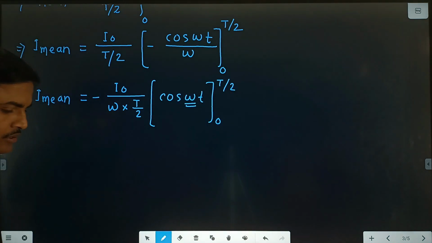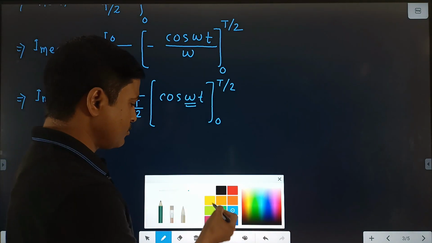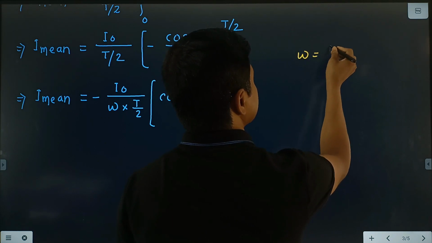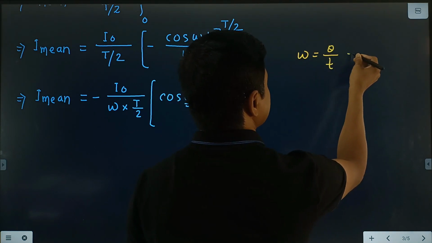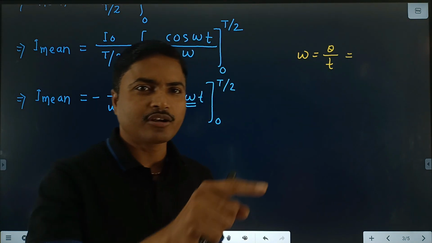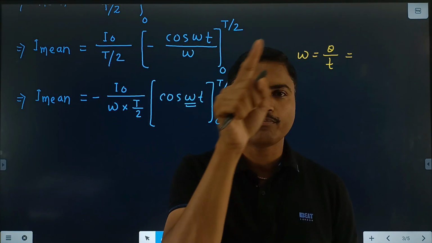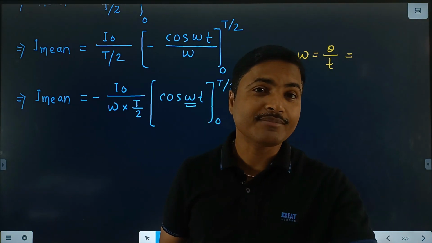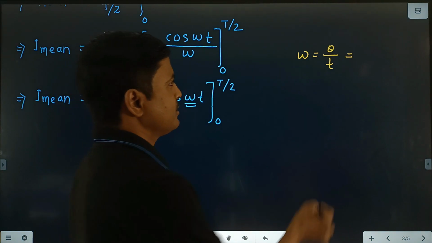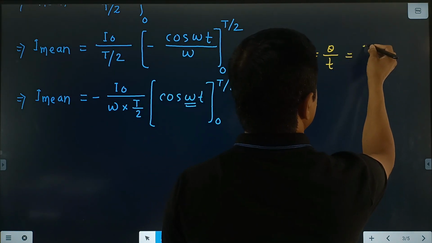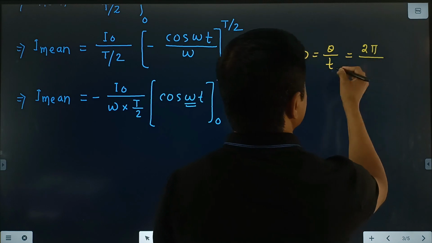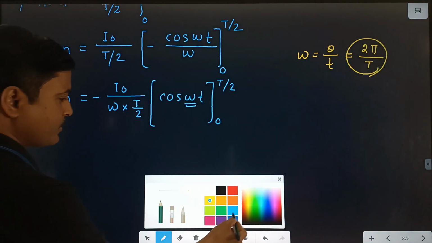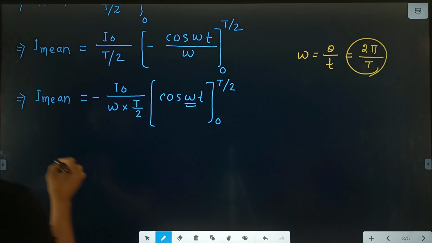Here omega is the angular velocity, and you know the expression for angular velocity: angular displacement divided by time. For one complete cycle, the angular displacement is 2 pi and the time taken is the time period T. So in place of omega we write 2 pi by T.